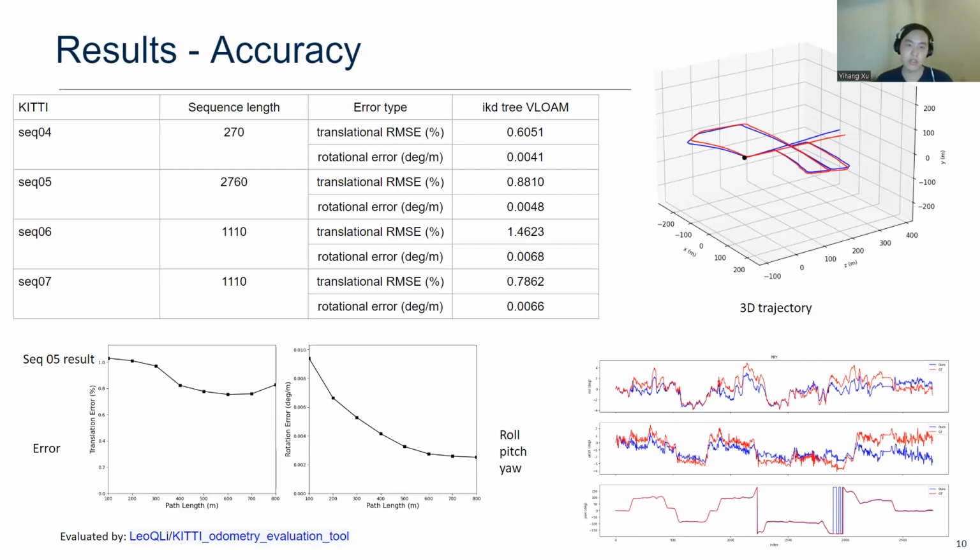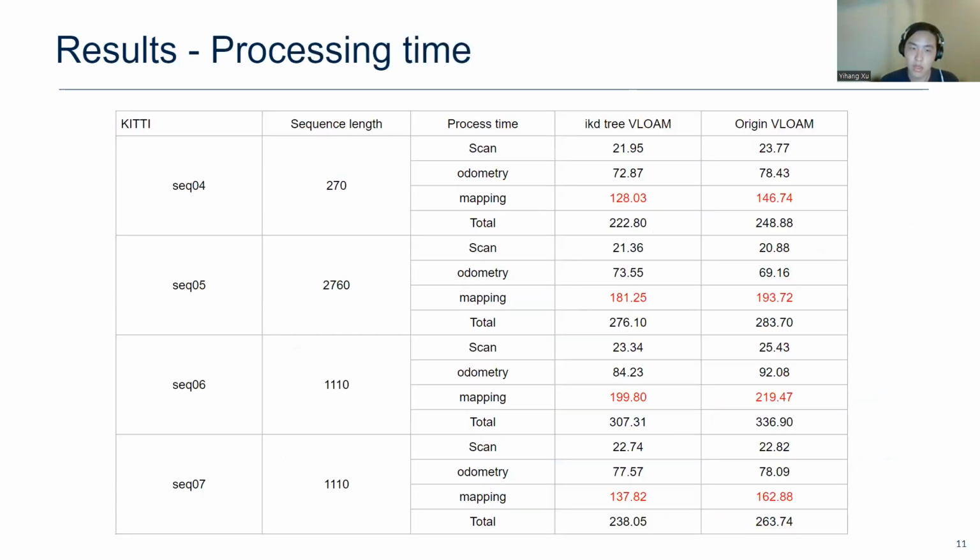As numerical results, we are focusing on translational RMSE and rotational error, which are smaller than 1% in most sequences. And as for the processing time, we can see that the mapping time is consistently better among all 4 sequences, at around 50 milliseconds.